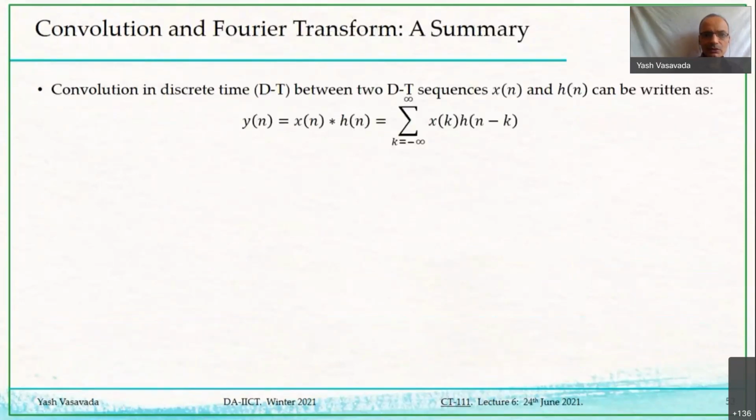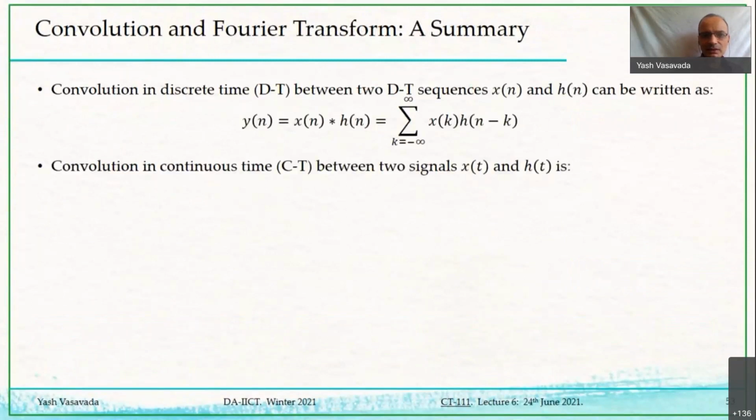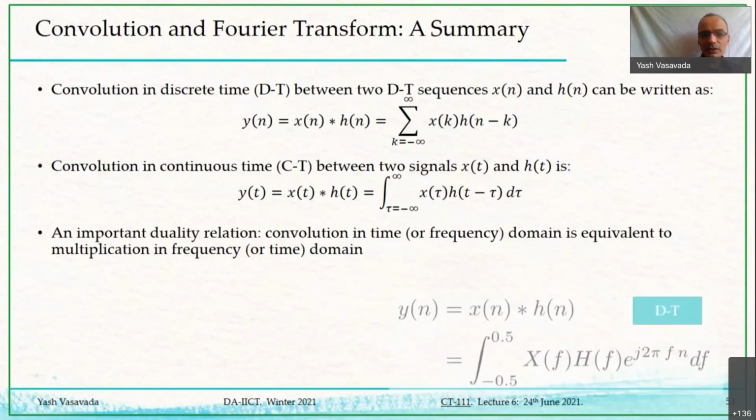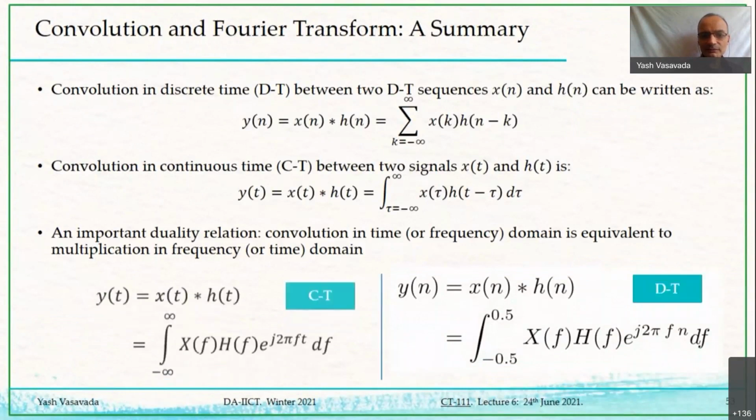Okay, so convolution can be written as we have seen earlier as this summation. In continuous time, it can be written as this integral or dot product. And what we have seen is that convolution in time domain is equivalent to multiplication in frequency domain.